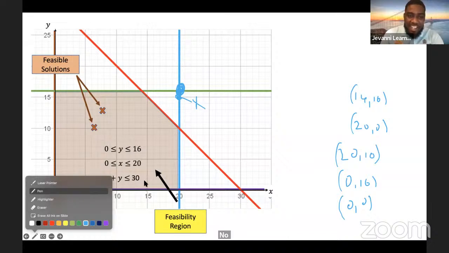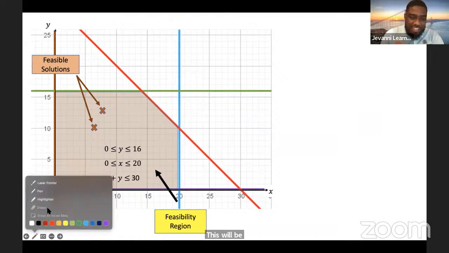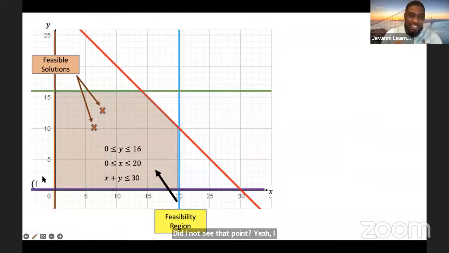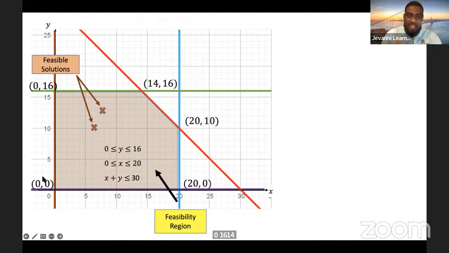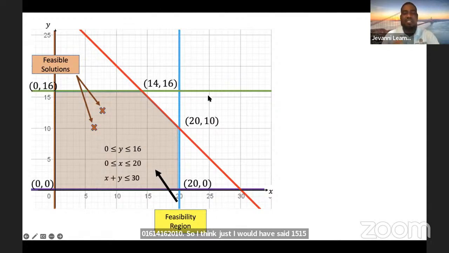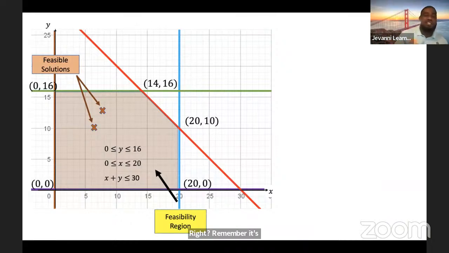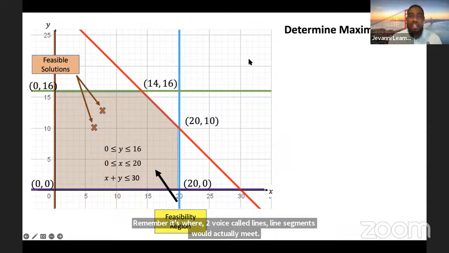It can't be 15 on the X and 15 on the Y. So let's see: 0, 0; 0, 16; 14, 16; 20, 10; 20, 0. So I think Josiah would have said 15, 15. That's not actually a vertex, right? Remember, it's where two lines or line segments would actually meet. So those would be the coordinates of that value.